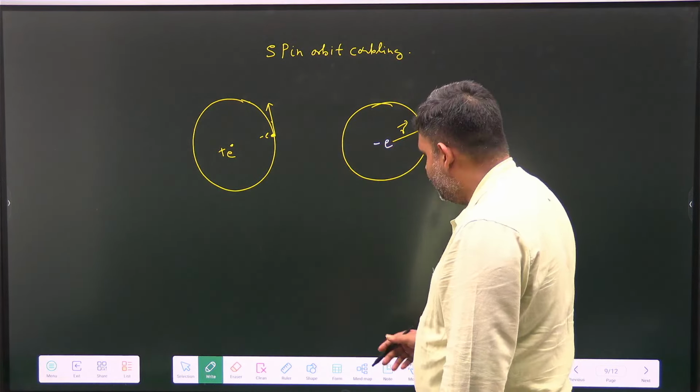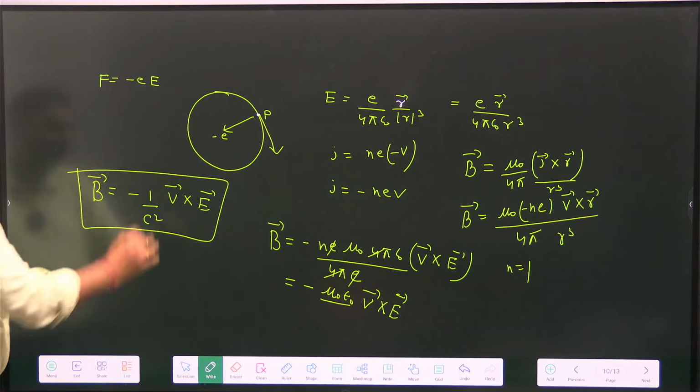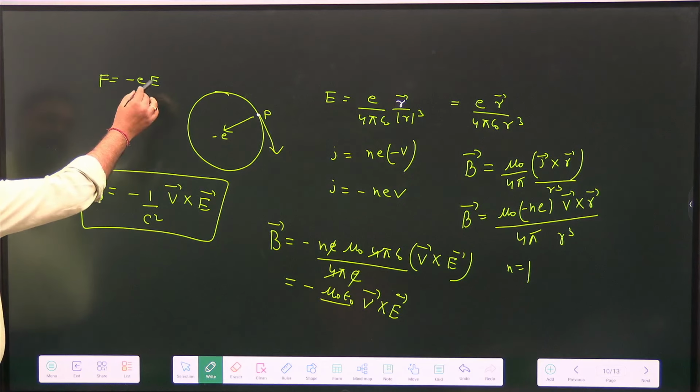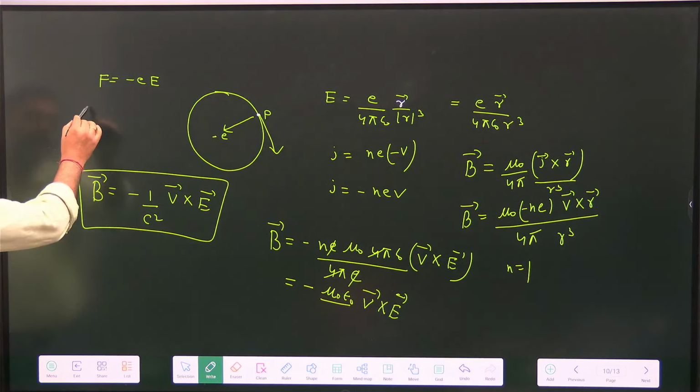Now from the Newton's law से आप क्या जानते हो? The force, this force is nothing but minus E into E. इलेक्ट्रॉन के ऊपर कितना फोर्स लगेगा, that will be electric field into this, ठीक है। And this force can be written as what?